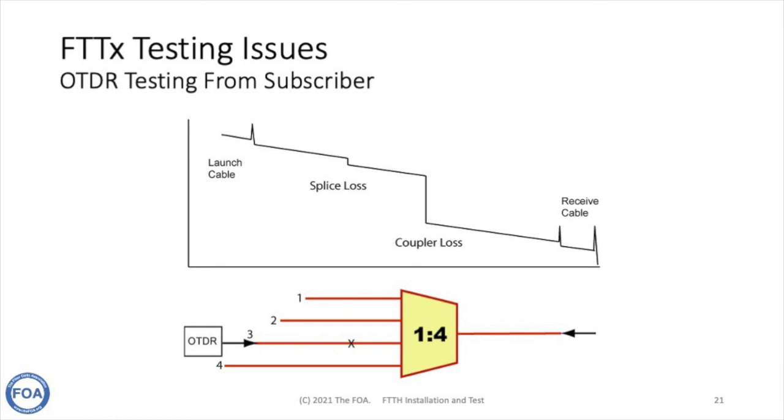This one is a little bit easier to interpret, and it's why generally you use OTDRs upstream on passive optical networks and test each fiber separately from the subscriber up toward the central office or head end.